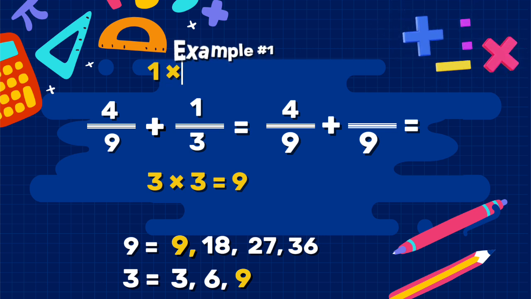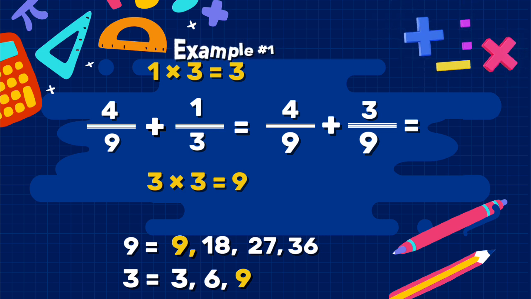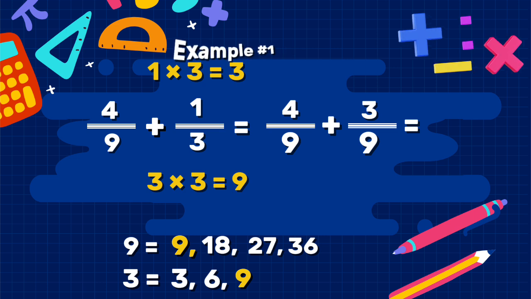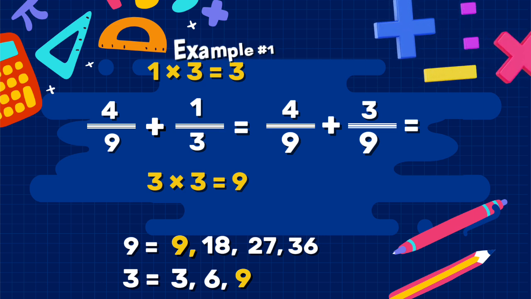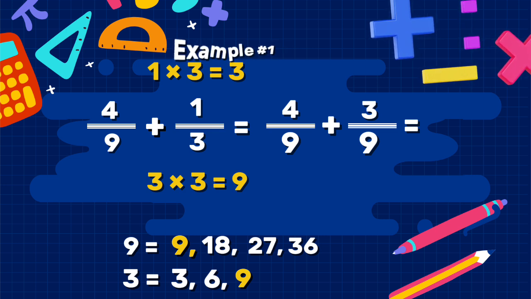So, 1 times 3 is 3. 3 over 9 is equivalent to 1 over 3. But, we have that common denominator of 9. Now that both fractions have a common denominator, we can add.